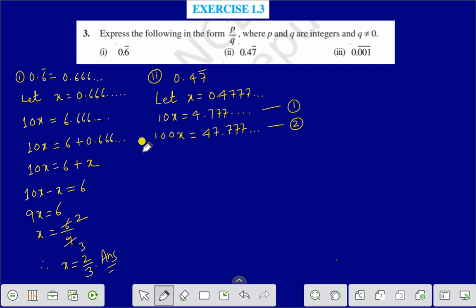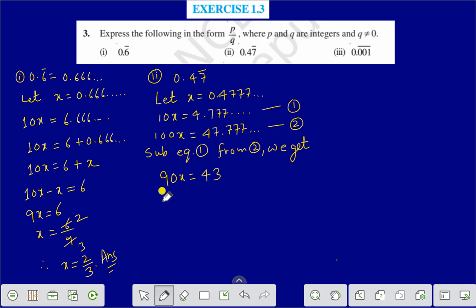Now subtracting equation 1 from 2, we get 100x minus 10x is equal to 90x, and 47.777 minus 4.777 gives 43. 47 minus 4 is 43.